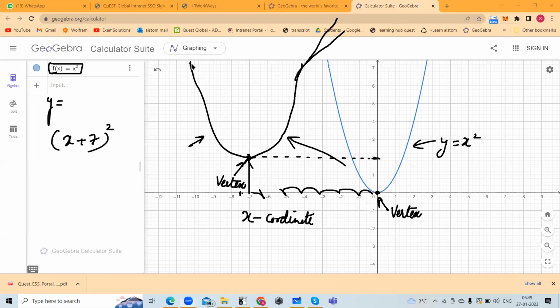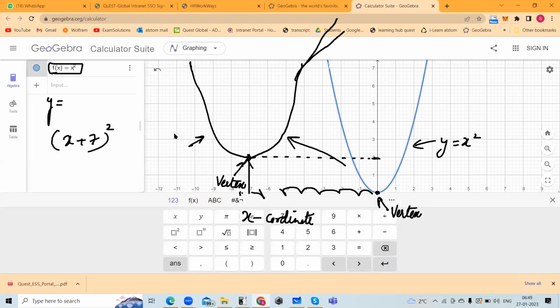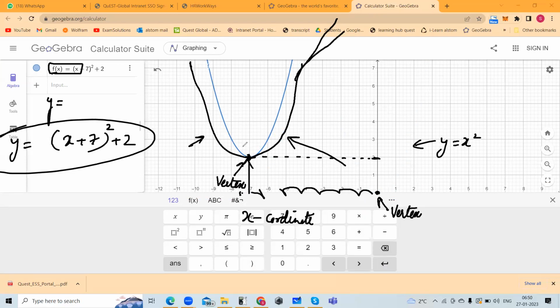Let's graph it: x plus 7, so we have shifted it 7 units to the left, and let's add 2. We have reached that spot. So this is the equation of the parabola we need, which has the vertex at negative 7 comma 2.